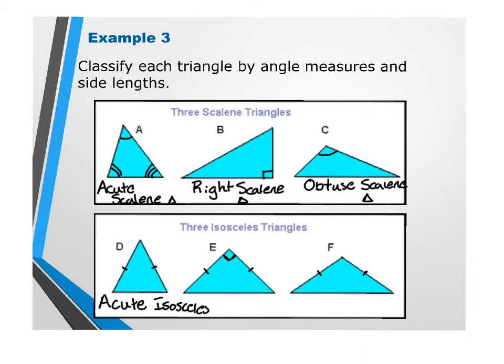Okay, so E here, I'm going to write up here, E is a right isosceles triangle. And then F, this angle is greater than 90, so we got an obtuse isosceles. Okay, so that's how you classify them by side and angle measurement.